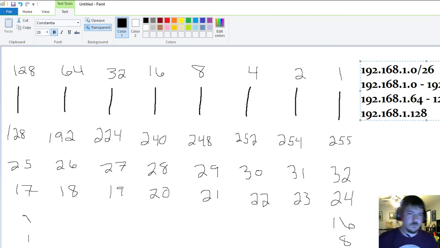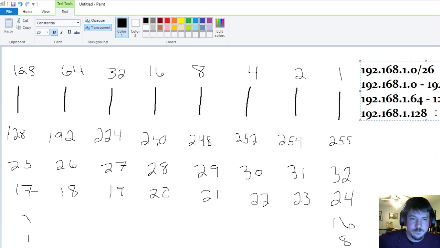So these are 4 /26 subnets. That's not right. Well, no, these are 3. Sorry, this is the name of the first one using CIDR. This is 3 subnets of /26. It's all going to be by 64s.